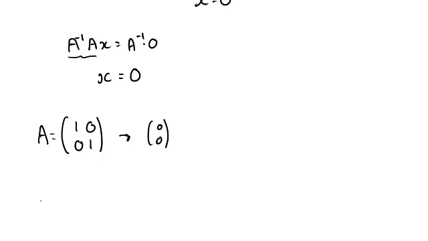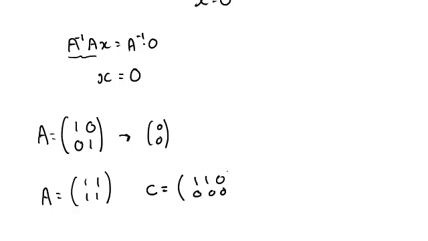So let's take a look at a matrix which is not invertible, this one. The row echelon form of the augmented matrix is then given by 1, 1, 0, 0, 0, 0. Removing the 0 row and the final column, we see that the thing we're left with is not upper triangular, so A cannot be invertible.